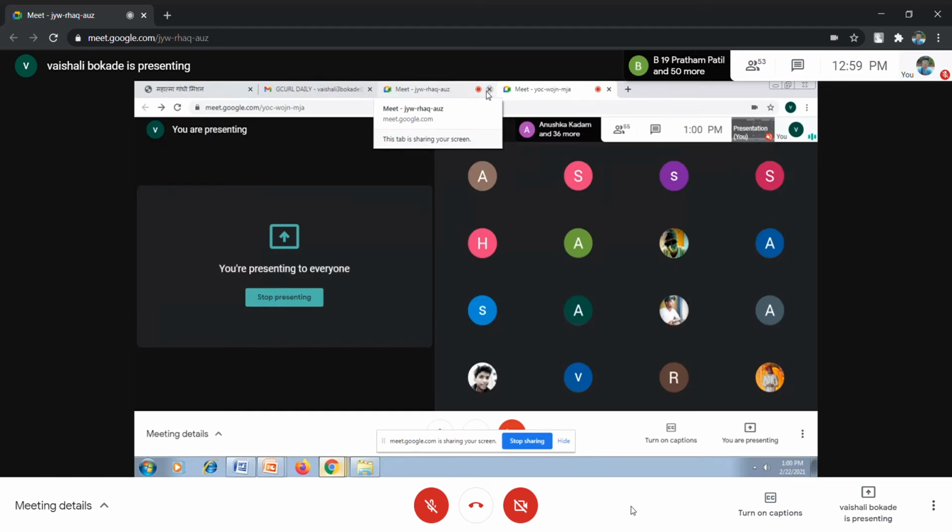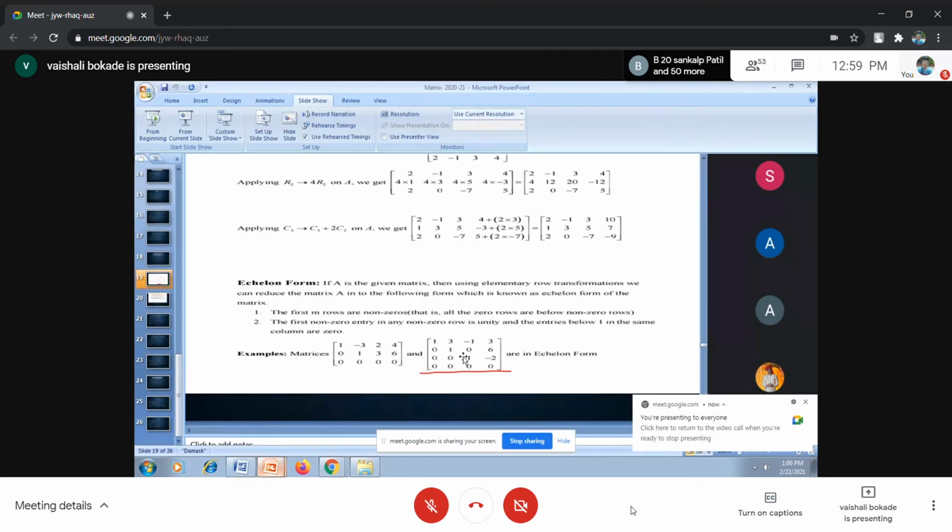In the echelon form, I may have some zero rows, and I am going to transfer that zero row to the bottom of the matrix. The remaining non-zero rows I'll transfer to the upper side.